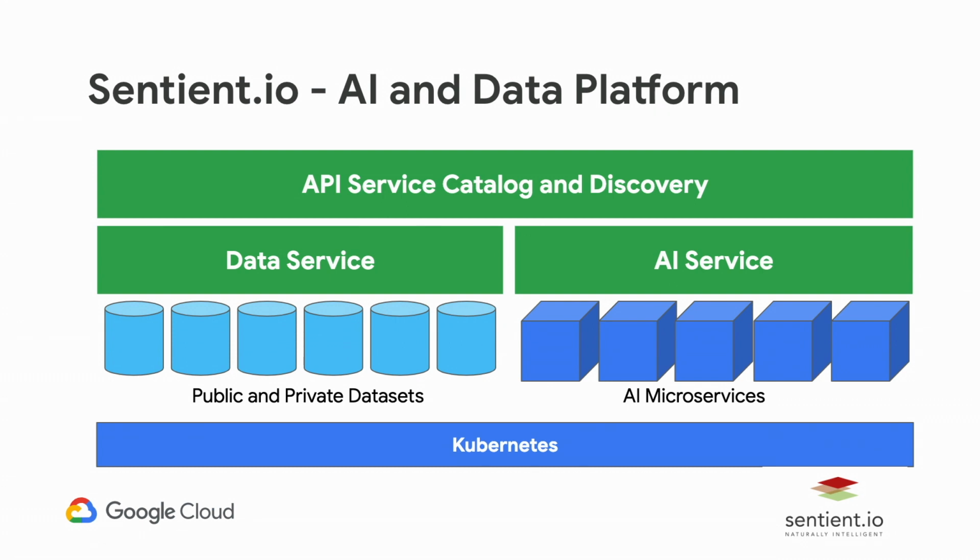For example, we're going to show you a named entity extraction algorithm later on. And we also have a mix of AI microservices on the one hand. We also have public and private data sets that you can actually use in your software.